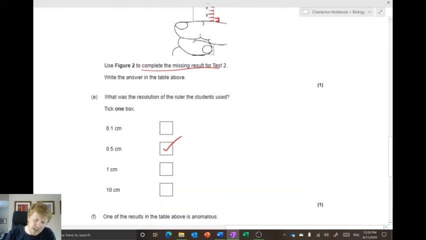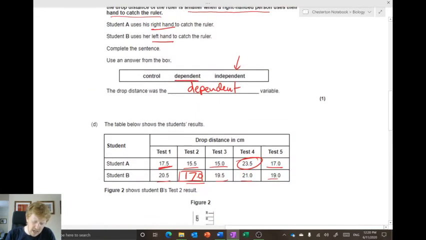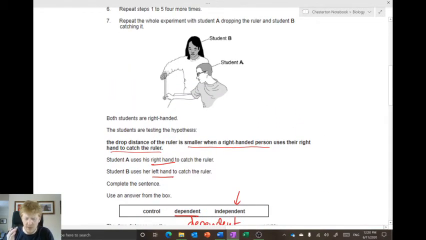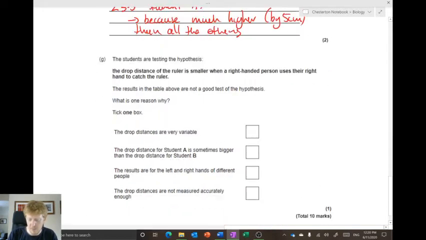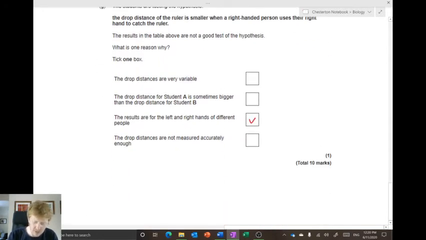And so the fact that student A was catching it with their right hand, and then they changed students and student B caught with their left hand, you don't know, it could be differences in individuals that's causing the problem, not necessarily the handedness, and therefore that's not a fair statement. So it's basically because they used different students for right and left hands, that's not a good experiment.